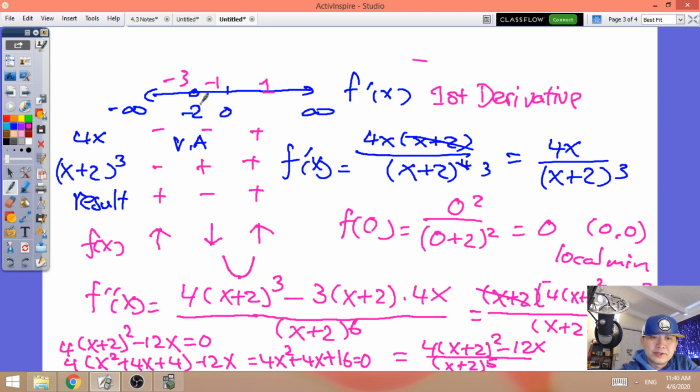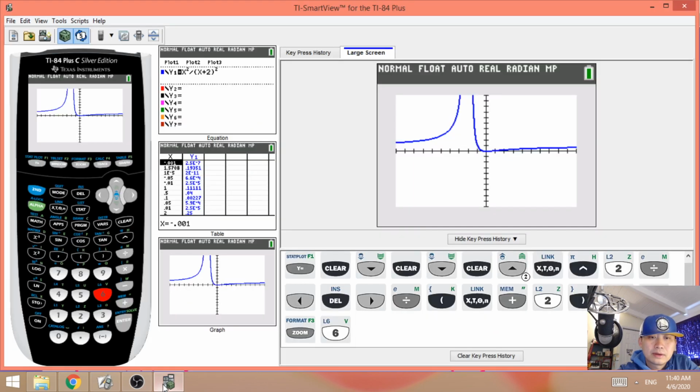Well, negative 2 to 0 is actually decreasing. So let's see. Yeah, negative 2 to 0, that's decreasing. And then 0 to infinity, this part is actually considered increasing. And that's what we have done. And then 0, 0, that's a local min. There's no local max here because this one goes all the way up to infinity.